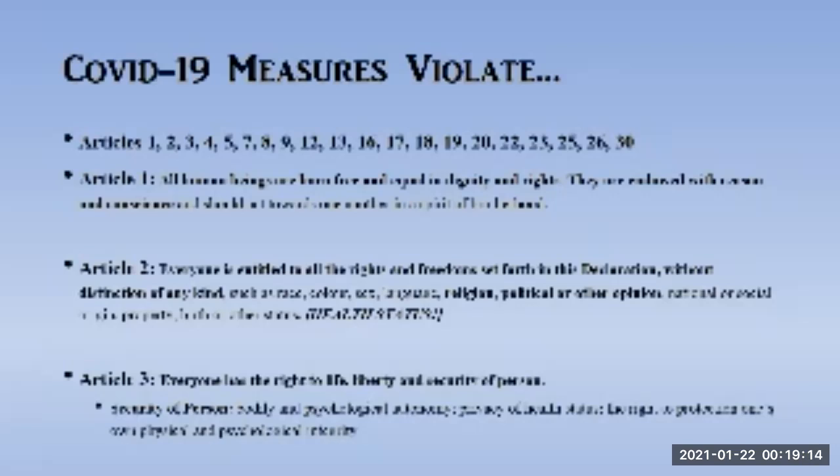Security of the person. This is defined as your bodily and psychological autonomy, your privacy of that, and of your health status. That's included in that because it's your physical body, it's your mental body, it's your psychological health. And you have the right to protect your physical and psychological integrity.